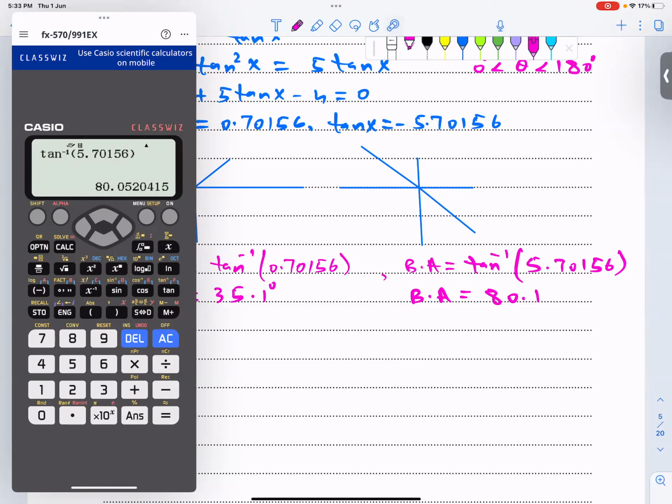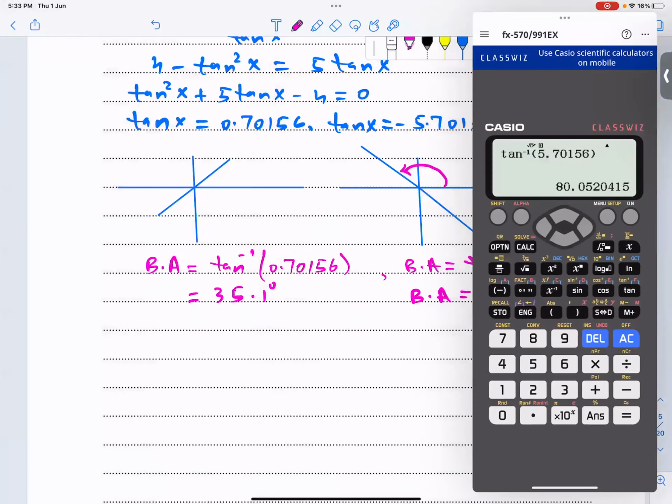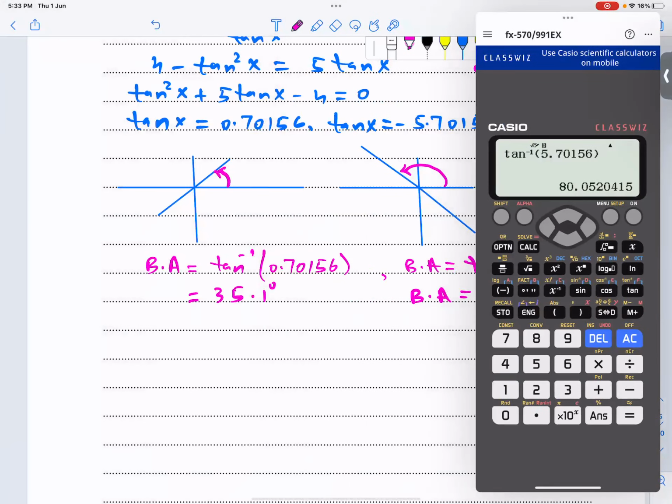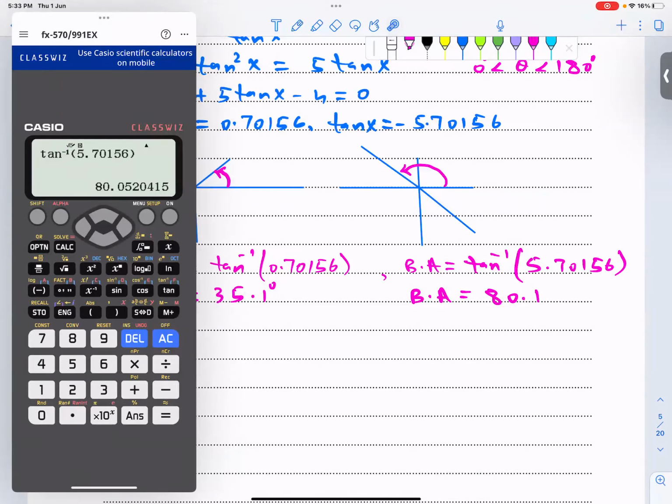Now actually we want this angle in the second diagram, and in the first diagram this angle. So in the first case, the required angle was the basic angle, that is just 35.1. In the second case, what we have right now is 80.1 degrees, and in the diagram that is this angle that we don't need.